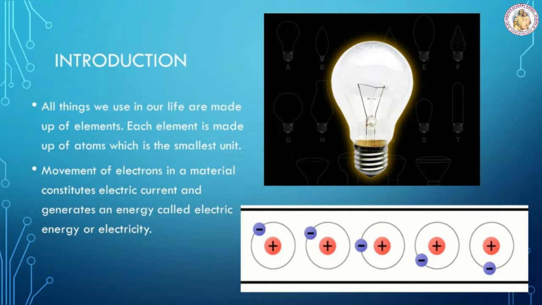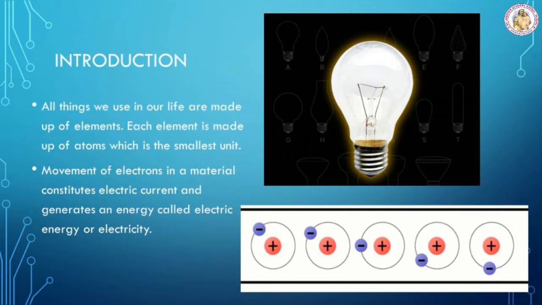So, the movement of electrons in a material constitutes electric current and generates an energy called electric energy or electricity. The movement of electrons from one atom to another atom is shown in the picture. We use this energy in our life for various needs.